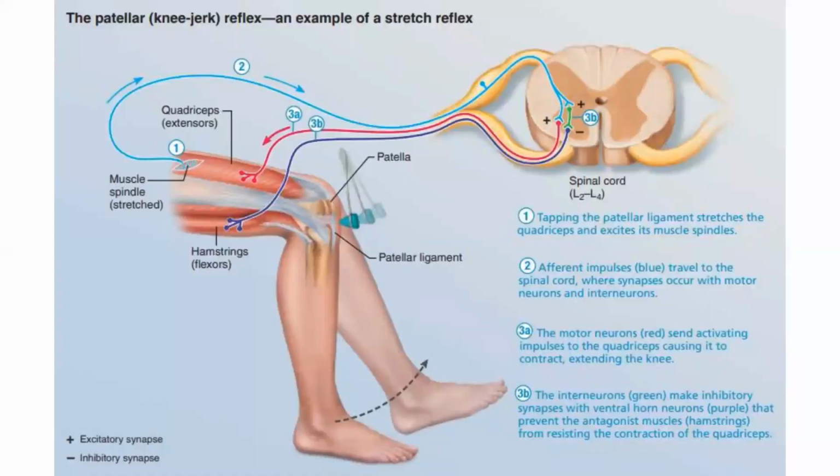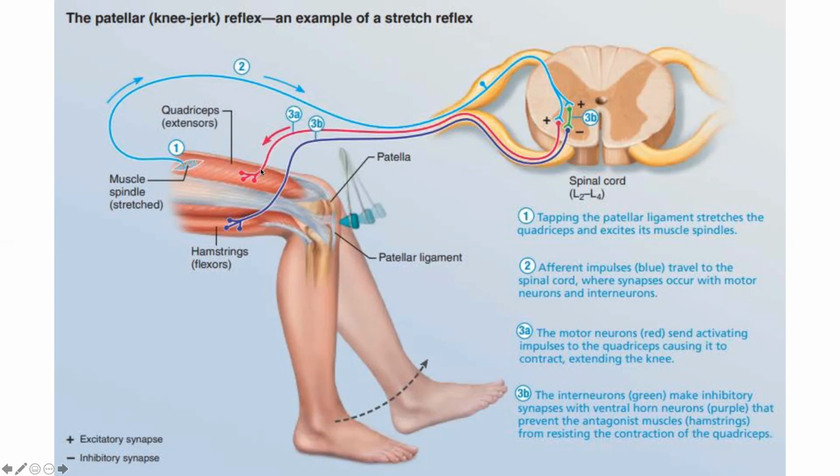So now here we come. The patellar ligament is struck with the reflex hammer, and that causes a sudden stretch in the patellar ligament, which will stretch the quadriceps muscle. That quadriceps muscle stretching will be sensed by the intrafusal muscle fibers in the muscle spindles, and there will be an increased firing rate, which will be carried by the sensory neuron, and that sensory neuron will synapse directly with the motor neuron, which is colored red.